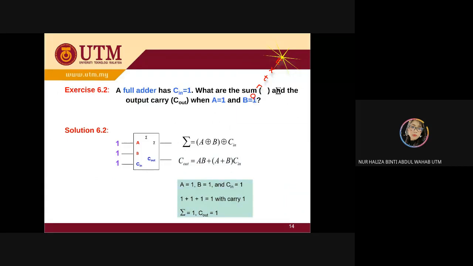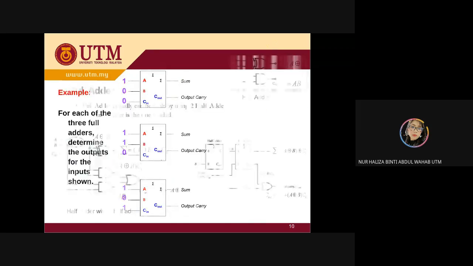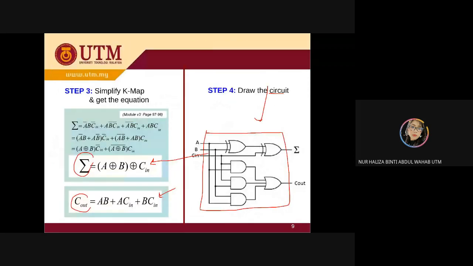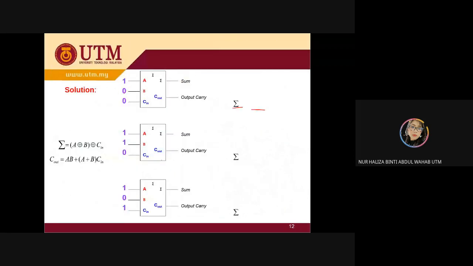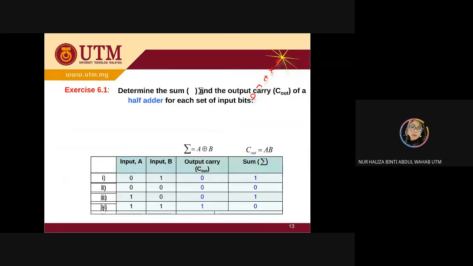Sometimes you are given the values already, and you need to find out the sum and also carry out. If you remember all the inputs, of course, which is your truth table, you can get the direct output. But sometimes, of course, it's hard for you to remember all.